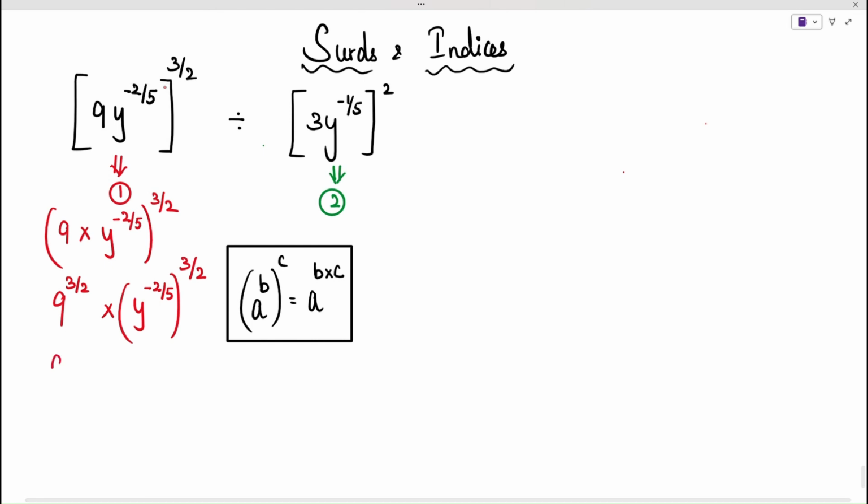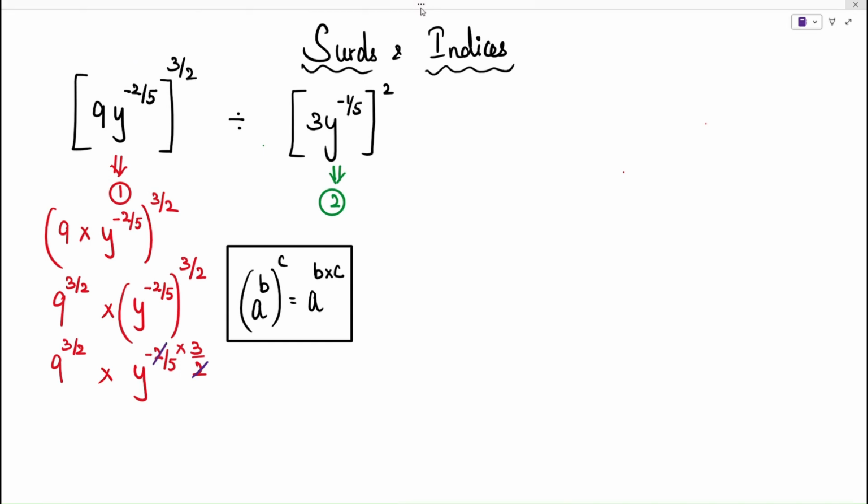So we have 9 to the power of 3 over 2 multiplied by y to the power of minus 2 over 5 multiplied by 3 over 2. What we can do is cancel out our 2 in the denominator and in our numerator, and multiply our remaining values together. So we get 9 to the power of 3 over 2 multiplied by y to the power of minus 3 over 5.